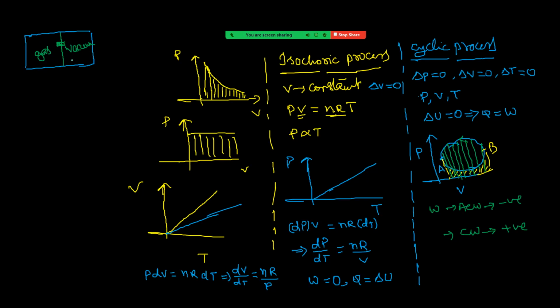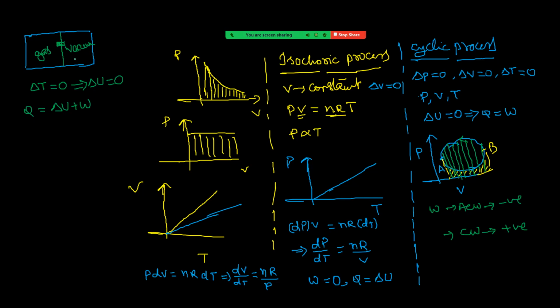And in this process, it is observed that delta T equal to 0. So delta T 0 means delta U value 0, right? And if you take the first law, Q equal to delta U plus W. Now here, since it is vacuum, there is no pressure.